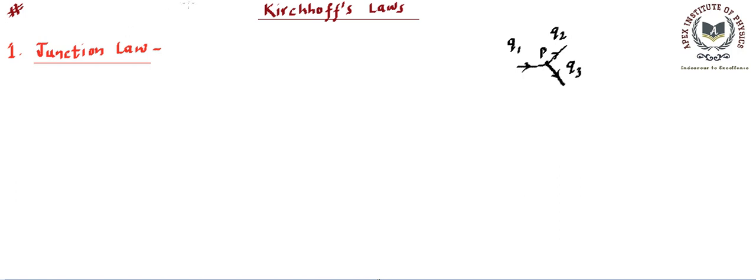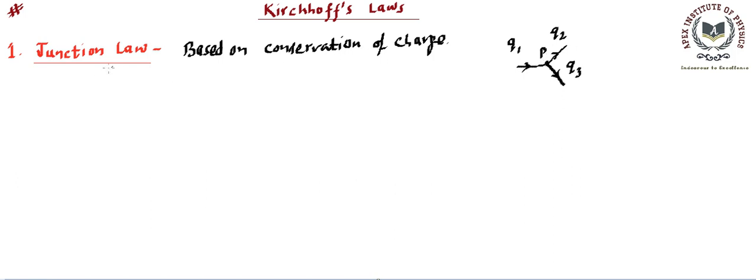So this junction law is based on conservation of charge. We have earlier learned the properties of charge, and one of the properties of charge was charge remains conserved for an isolated system. Whatever the charge is coming, that must leave.